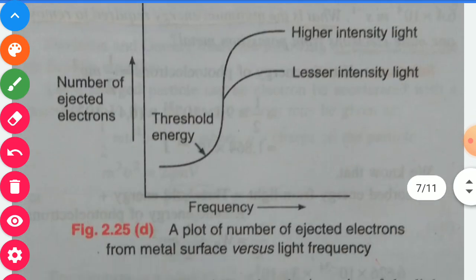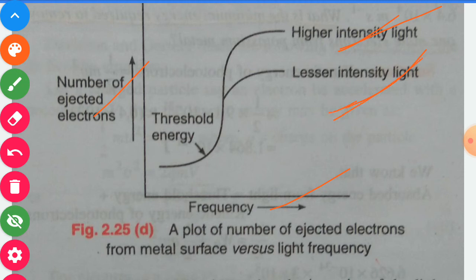So in this figure, the x-axis shows the frequency of incident light and the y-axis the number of ejected electrons. Here the upper line is light of higher intensity and the lower line is light of lower intensity. So higher intensity light is responsible for ejecting more electrons, and less intensity light ejects fewer electrons during the photoelectric effect.